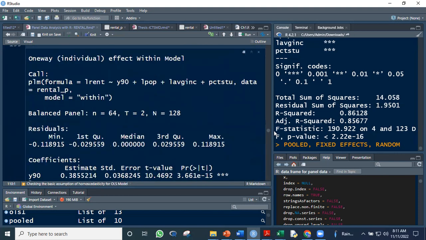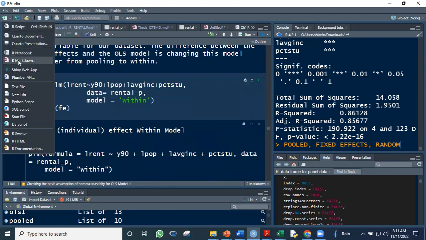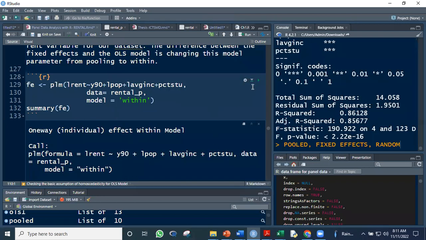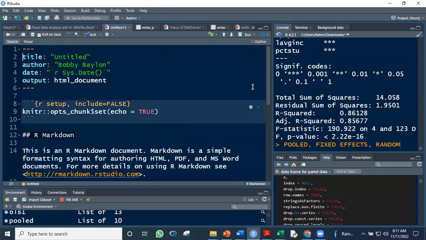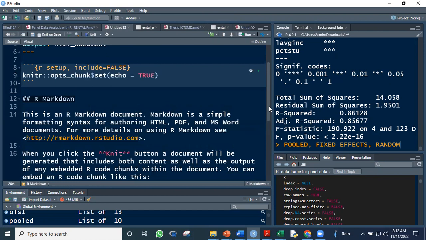Before we go to fixed effects, let's open a new R Markdown file. I'd like to take this opportunity to do a little bit more practice, just to reinforce what we have learned so far.